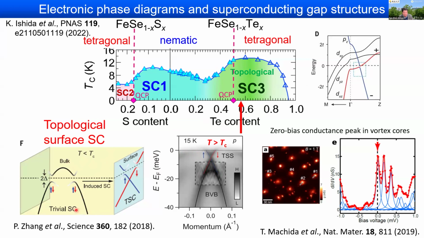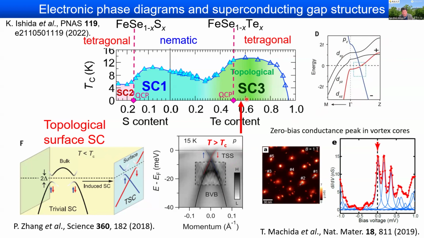So there is a very interesting view that you can have a trivial superconducting state in the bulk, and on the surface, you have a topological surface superconducting state due to this topological electronic structure.